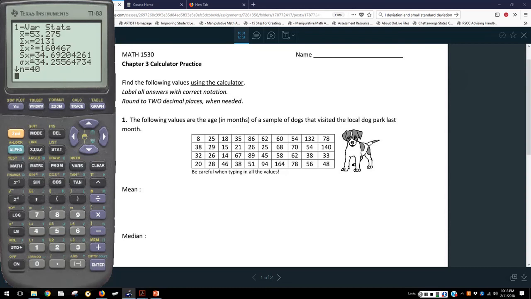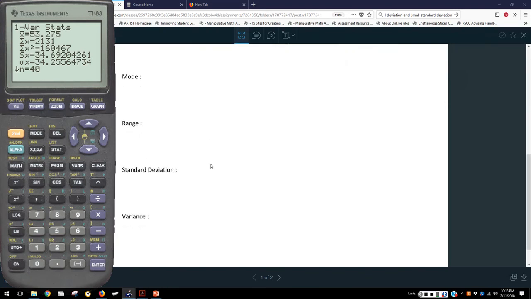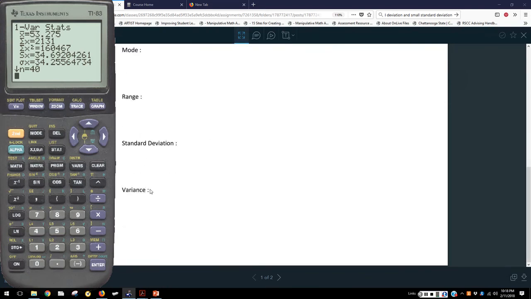And I see that my standard deviation for my sample of dogs was 34.69204261. That means then that the variance for my set of dog weights would have been 34.69204261 squared.